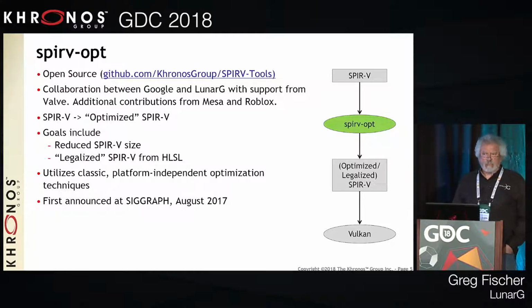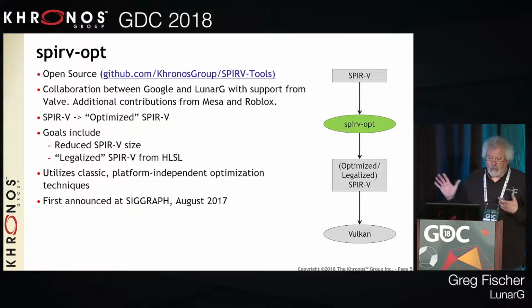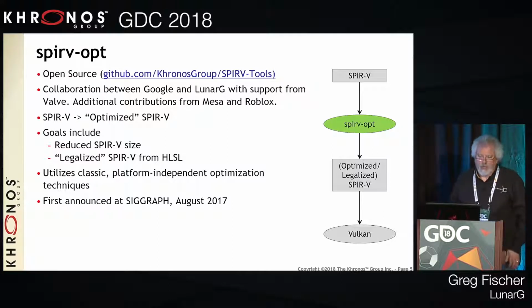Basically, SPIR-V opt is really just a collection of SPIR-V to SPIR-V transformations. The ones that I'm going to talk about today are specifically designed to either reduce the size of your SPIR-V shader or to legalize it. I'll talk about what that means in just a few minutes.